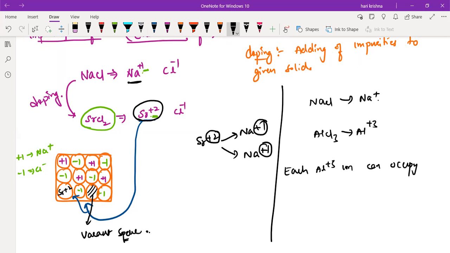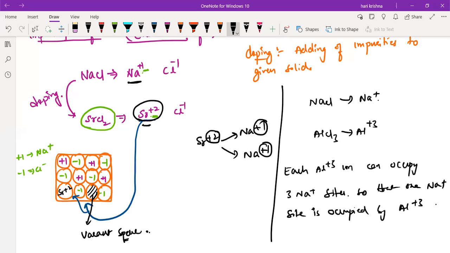Vacant spaces. If each Sr plus 2 is occupying 2 Na plus ions now, one place is occupied by Sr plus 2, right? That means remaining only one is a vacant. Yes, sir. Each Al plus 3 ion can occupy 3 Na plus sites, so that one Na plus site is occupied by Al plus 3 and remaining 2 will be vacant.